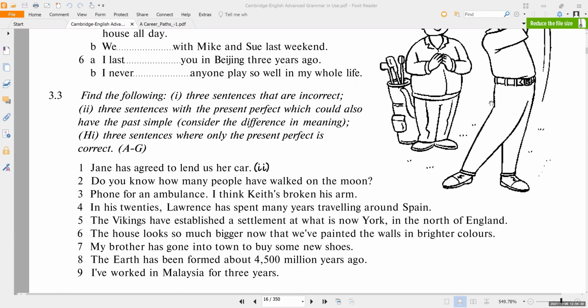Number 1, Jane has agreed to lend her car. This is the present perfect, and agreed can also be in the past simple, so this sentence could be correct in present perfect and past simple.